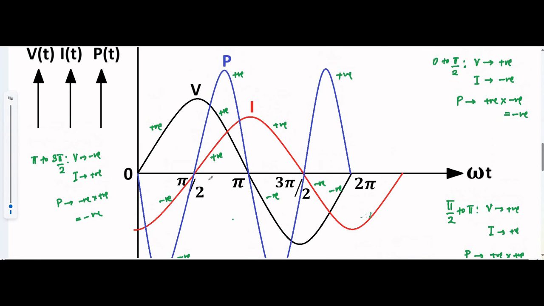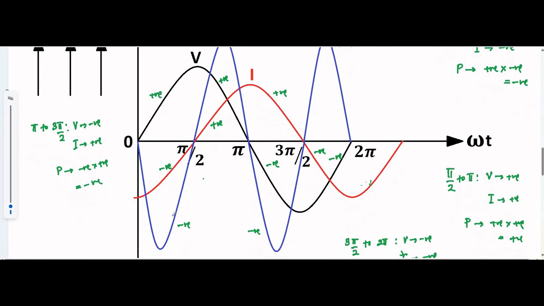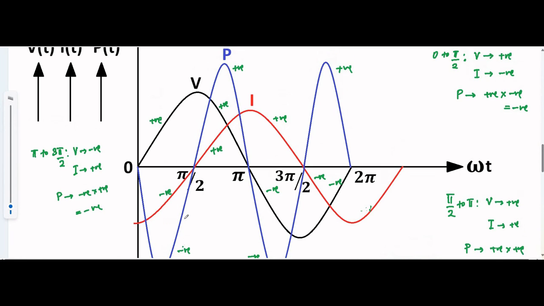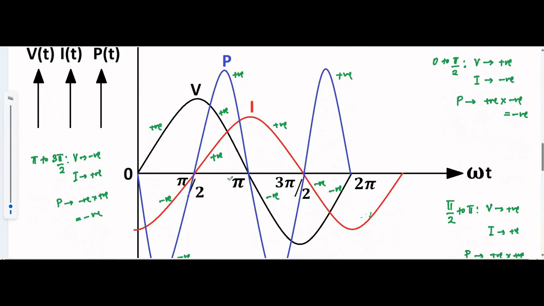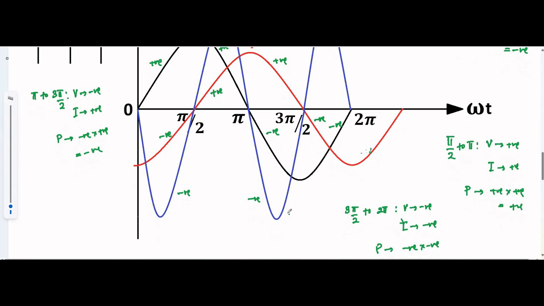Okay, so this is the power curve, and obviously you will find the peaks of the power curve are higher than the respective peaks of voltage and current, because it is the product of both values, voltage and current. So the positive peaks will be higher and the negative peaks will also be higher in the downward direction.